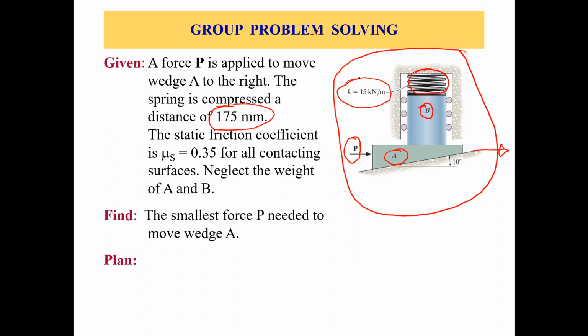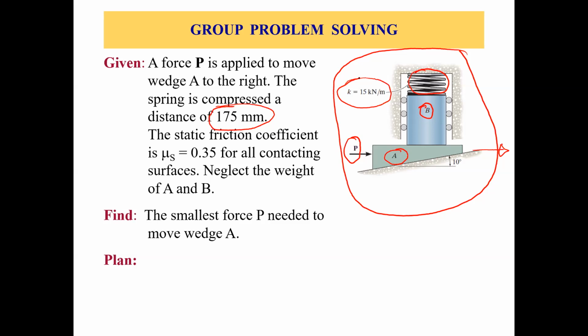Then we have some contact surfaces: between wedge A and the ground, between A and B, and between block B and the rollers on the sides.